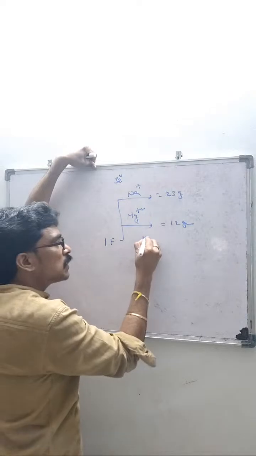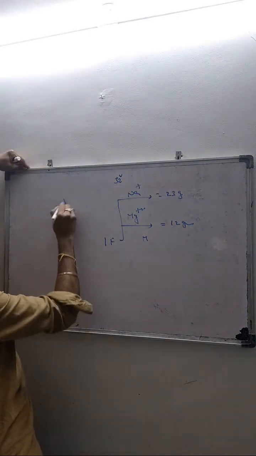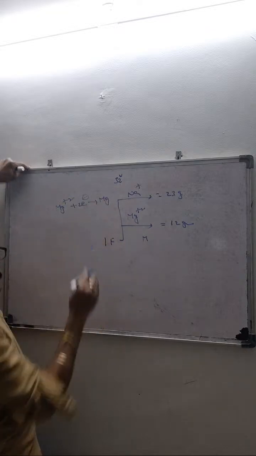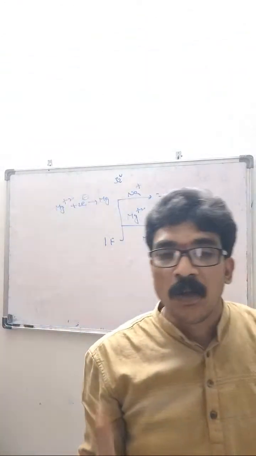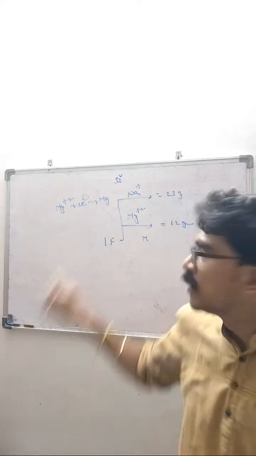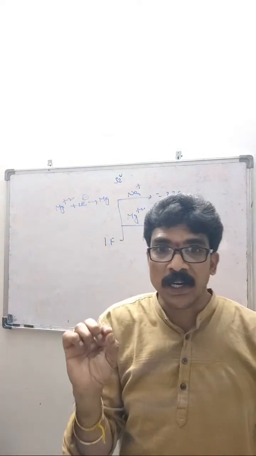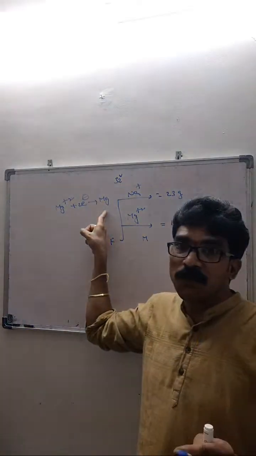Same logic, I will explain here. Mg2+ plus 2 electrons gives rise to Mg. That means to deposit 1 mole of magnesium, the current required is 2 moles of electrons, nothing but 2 Faraday. 2 Faraday gives 1 mole, meaning 24 grams.